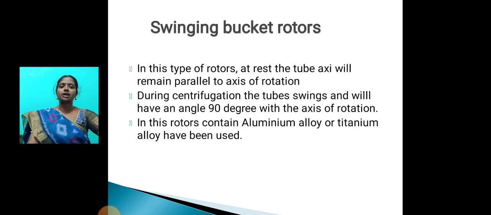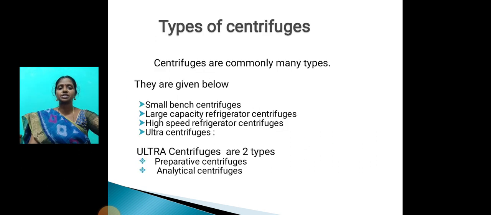Swinging bucket rotor: in this type of rotor, at rest the tube axis remains parallel to the axis of rotation. During centrifugation, the tube swings and makes an angle of 90 degrees. In these rotors, the container is made of aluminum alloy and titanium alloy.